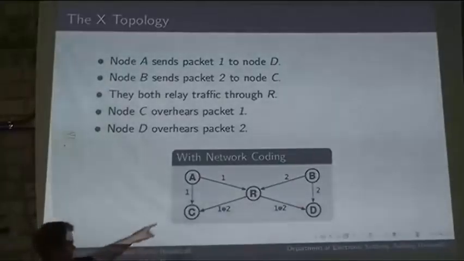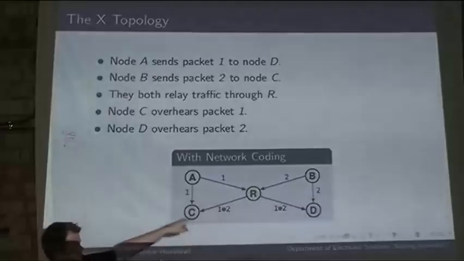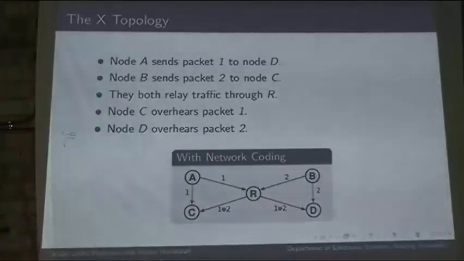But this time, node C can overhear the transmissions from A, and node B can overhear the transmissions from node C. We can again manage to transmit both packets with just 3 transmissions instead of the 4 otherwise required.